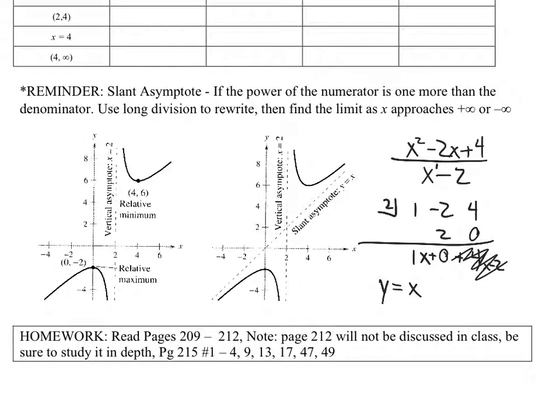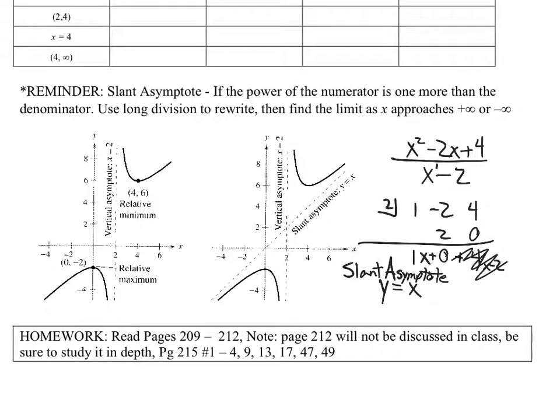So that's one thing it's easy to forget about. Now, if you do everything else right, you'll still get a pretty accurate drawing, but there may be an element of it that's not totally accurate. So just look out for that when you don't have horizontal asymptotes. So this is a slant asymptote.